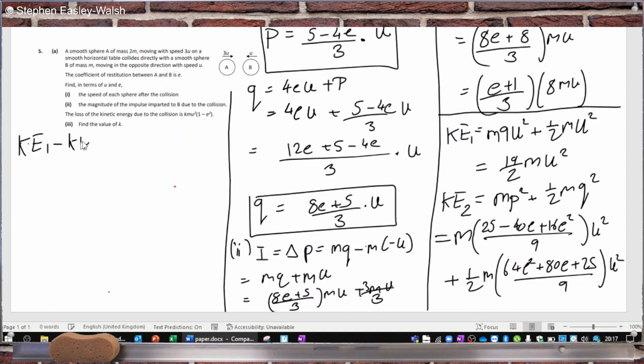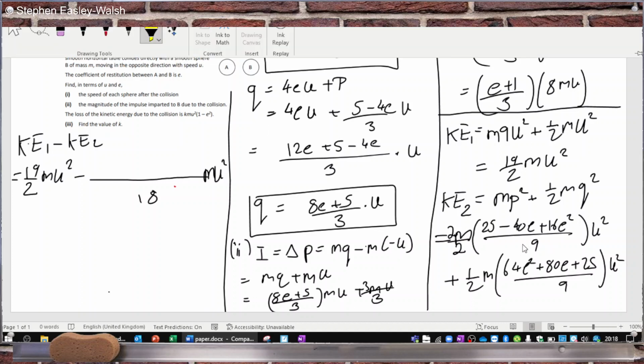So that's 19 over 2 mu squared minus... Now, I think what I'll do is put a 2 here and a 2 here, so this could be all over 18. 2 times 9 is 18.